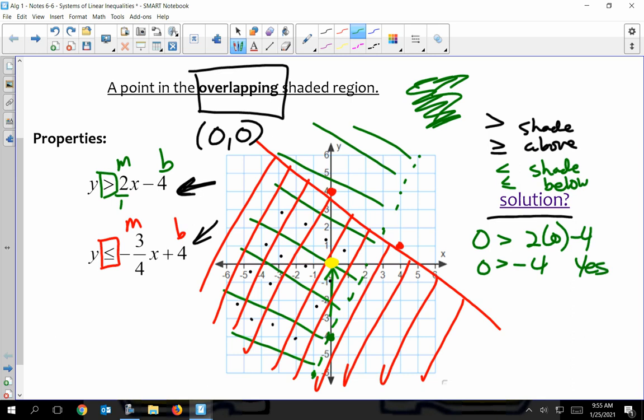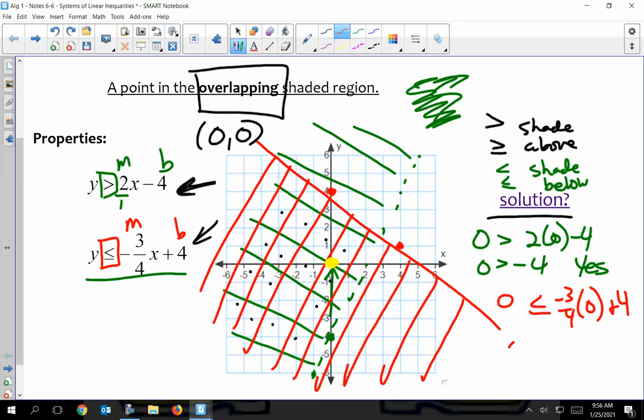But it has to go in the second one. So I'm still using the same point, which is kind of nice. And the second equation is this. My y is 0, less than or equal to, my slope is negative 3 over 4, my x is 0, plus 4.